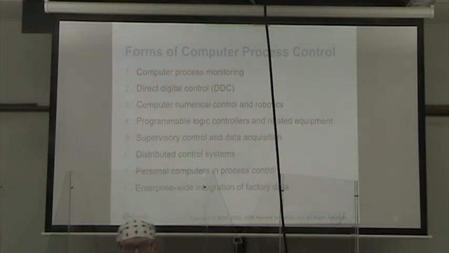In other words, not all the control is vested in one computer. We might have personal computers in the process control. In other words, small computers are controlling aspects of our process. And there might be integration of our factory data across the whole enterprise. More and more, that eighth option is becoming popular.